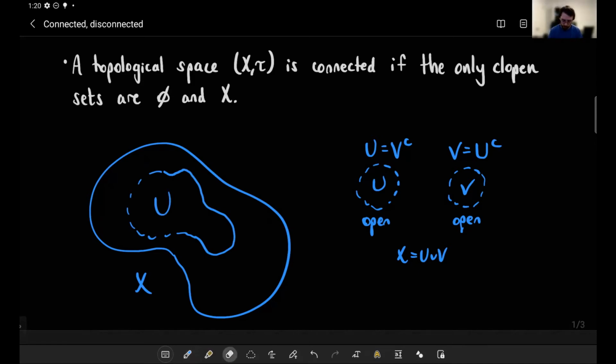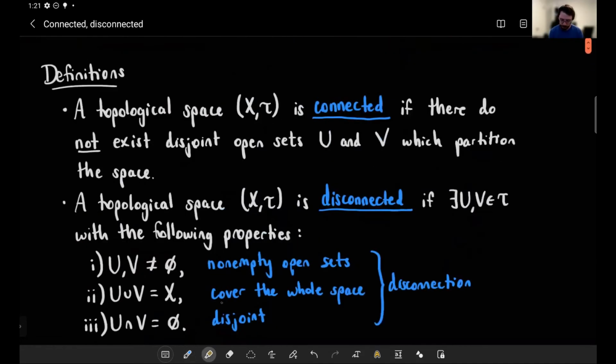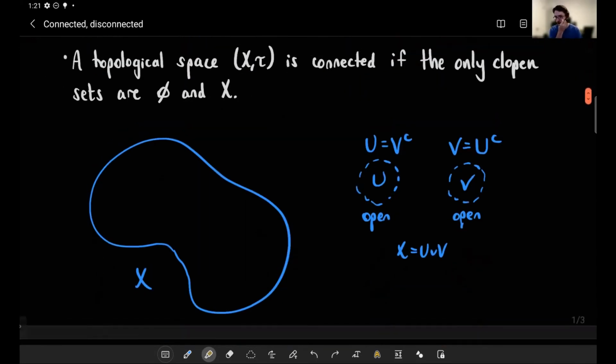If it were closed, its complement would be open. If it were open, its complement would be closed. And since it's a connected space, it's not going to be able to be both. So the only clopen sets are the empty set and the whole space. Sometimes that's a handy definition of connected. It's certainly nicer than the one up here, which talks about the non-existence of a partition. So you can check clopenness if you want.